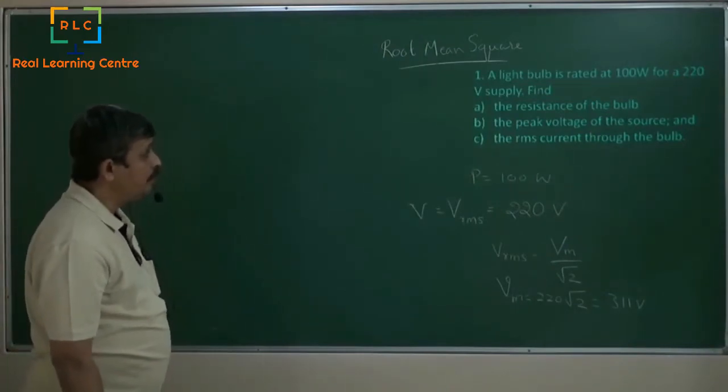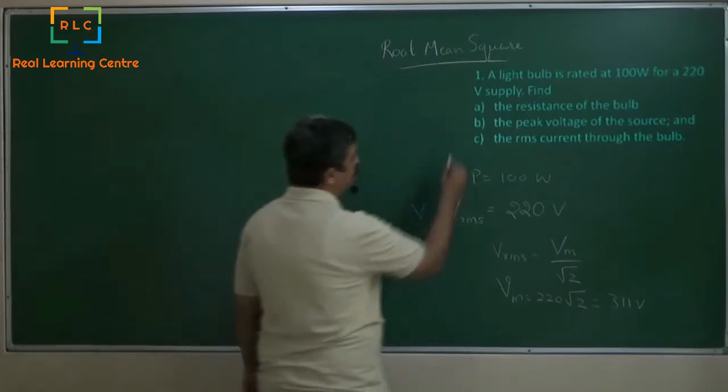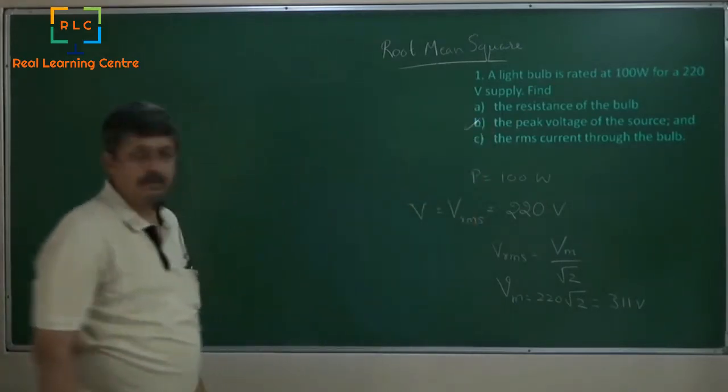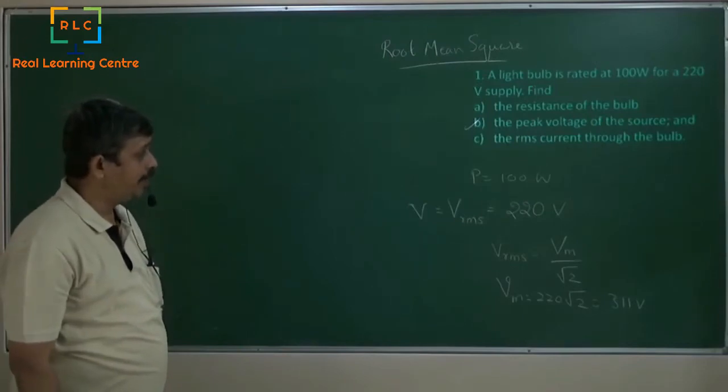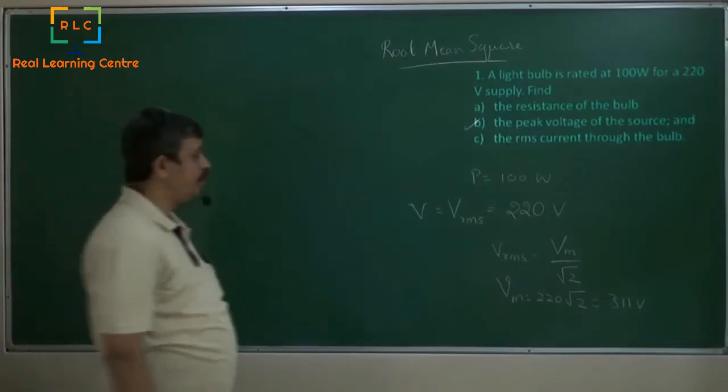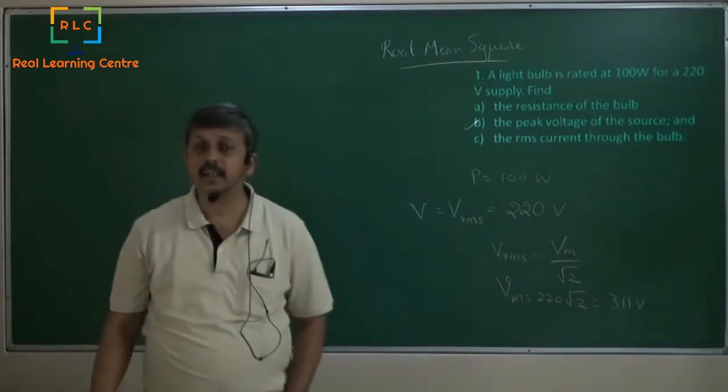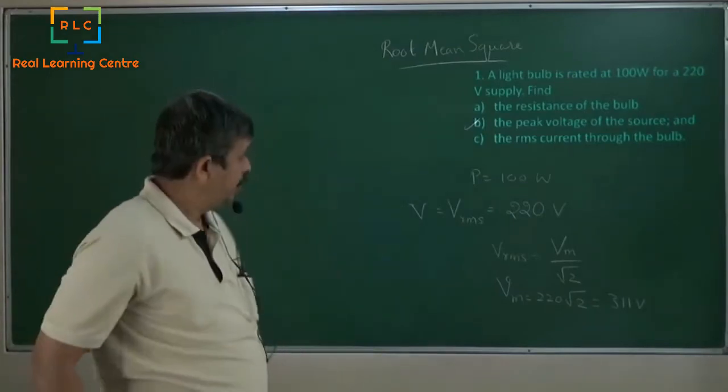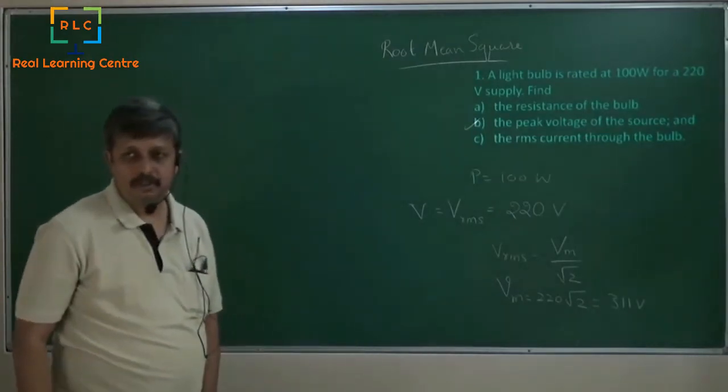Now this is the peak voltage. We want to calculate the resistance of the bulb. So how do we calculate the resistance of the bulb? We first of all calculate the current, the RMS current through the bulb.